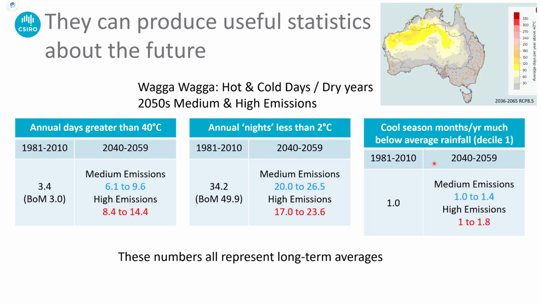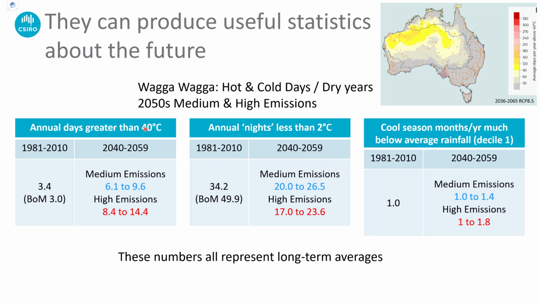And here we've used some products that we've developed from climate change projections that develop daily temperature and rainfall data, and we've interrogated those to get at information about things like the annual average number of days greater than 40 degrees, the average annual number of days less than 2 degrees, and the average number of months in a year when rainfall is low, decile 1.